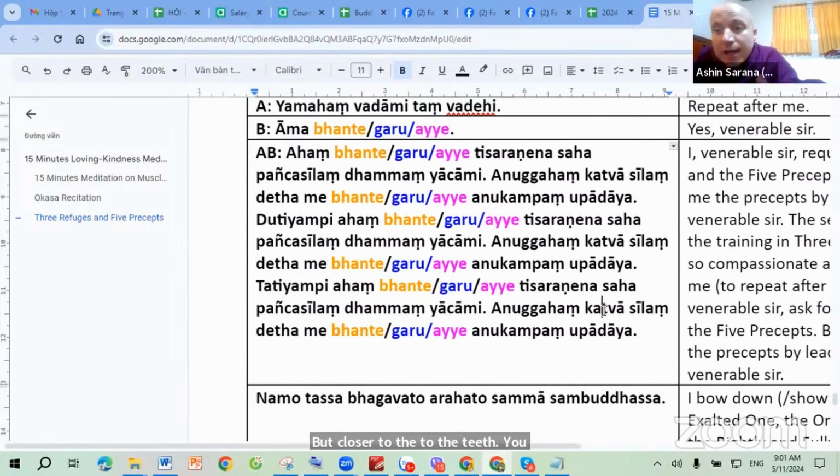You see? It's touching the teeth bluntly. It's different from daddy. In daddy, the tongue is touching the ridge, the sharp place in the mouth. In this, it is touching a blunt place in the mouth.